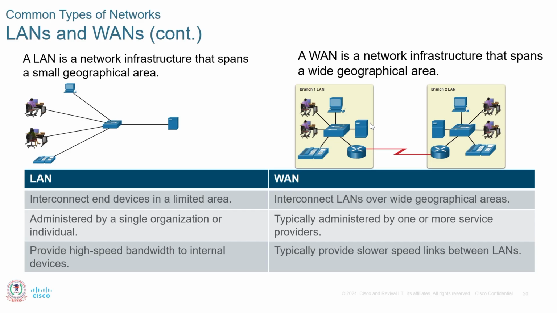It provides high-speed bandwidth to internal devices, because they are directly connected to their servers and nodes. There's no interference because the distance is very close, and it is managed by a single organization or individual.